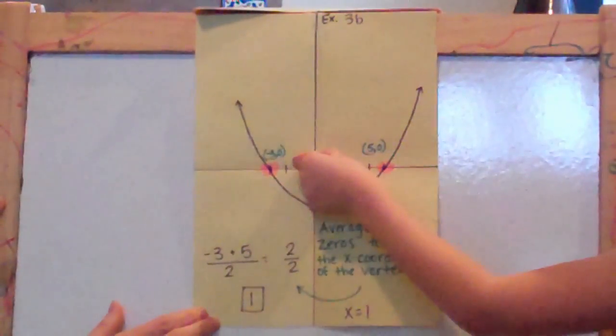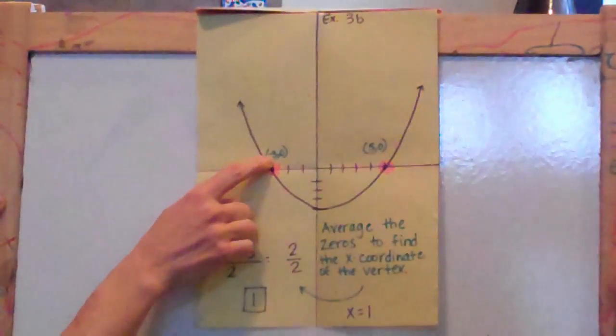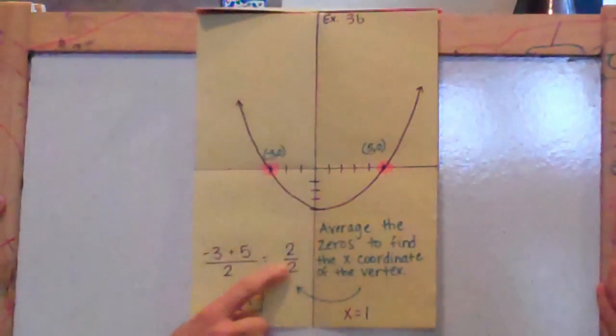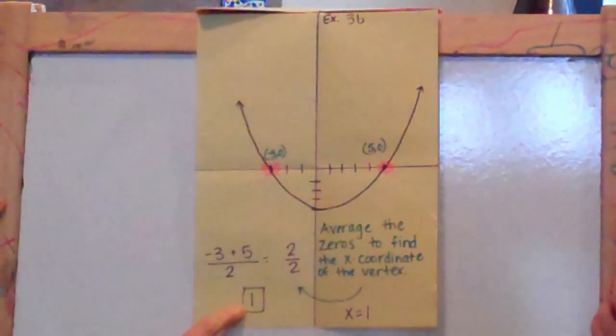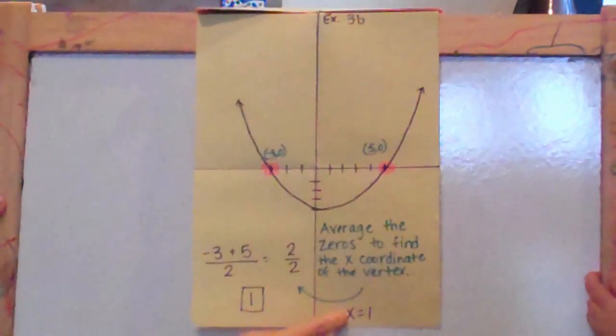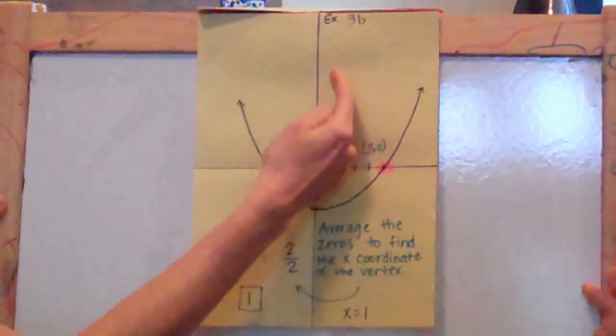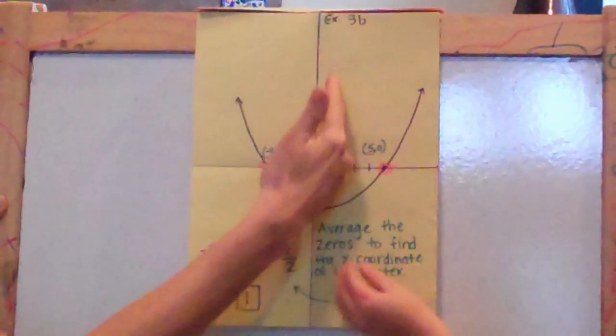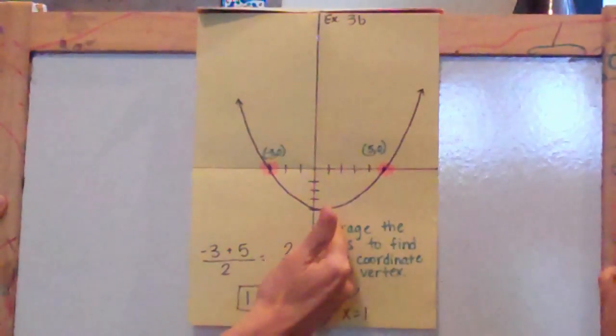So I will add -3 plus 5, divide it by 2, which gives me 2 over 2, or 1. So my line of symmetry is x = 1, which would be right about here. If I were to fold this graph in half, the dotted line would be right about here. Okay, almost done, class. We have 3 more.